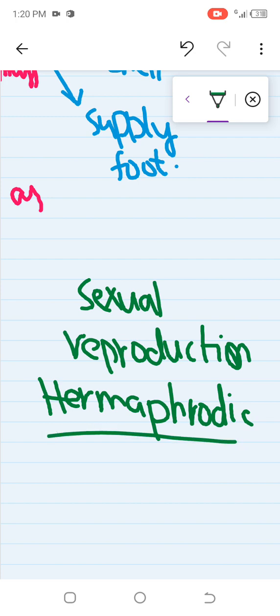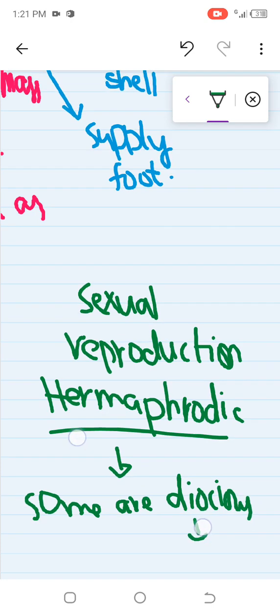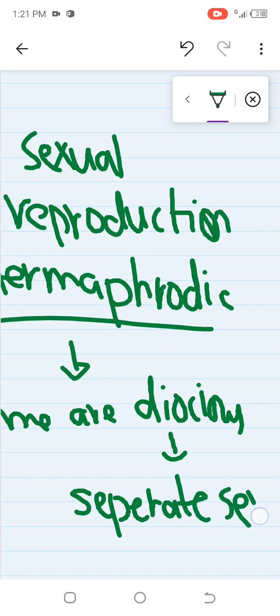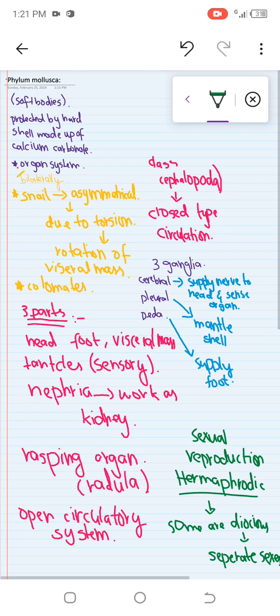But some are also dioecious. Dioecious just means that some have separate sexes. I hope this is clear to you guys, phylum Mollusca.